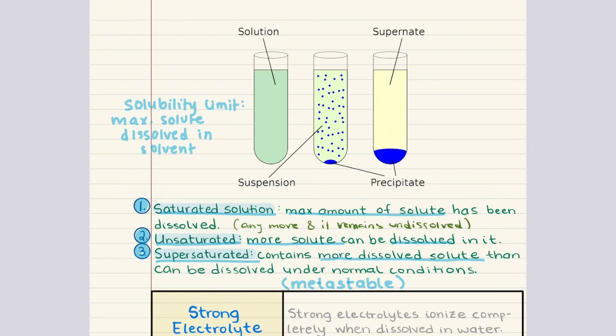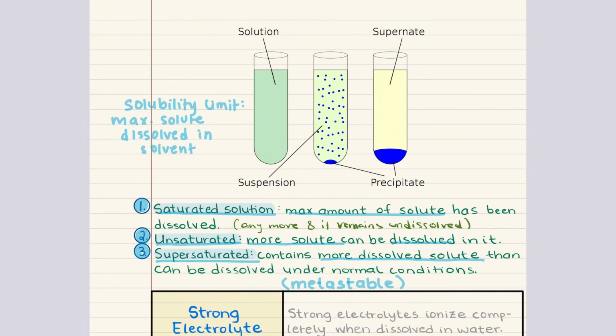A small disturbance like stirring can actually cause that extra solute to crash out and precipitate almost instantly. These three categories, unsaturated, saturated, and supersaturated, give us a framework for understanding what kind of solution we're working with and how close it is to its thermodynamic limit.